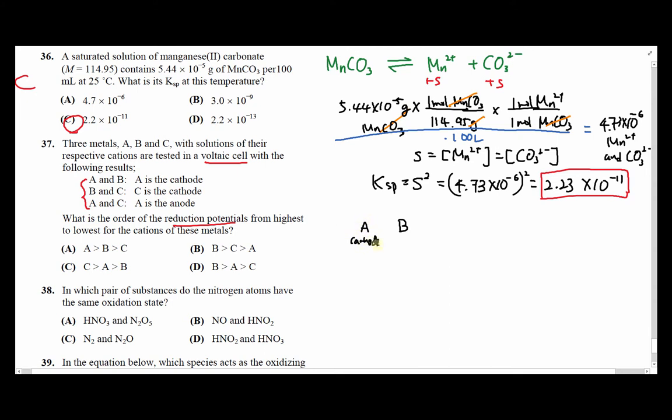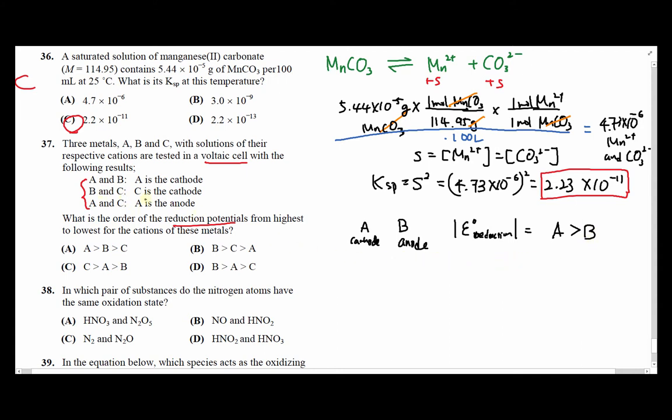Otherwise, the redox reaction is non-spontaneous. And this should be our anode. So when we strictly talk about reduction, A is definitely greater than B.